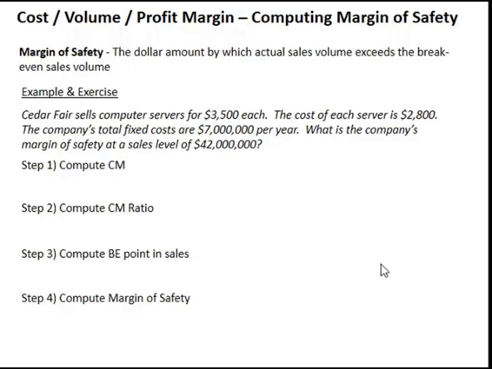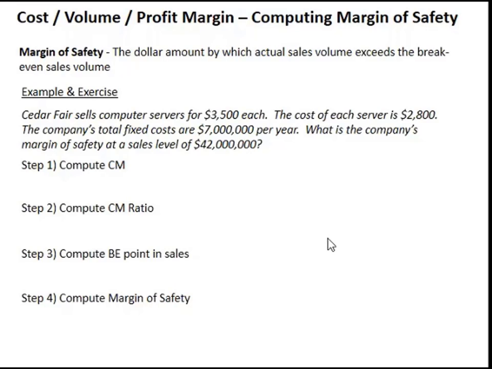Let's say the CEO of Cedar Fair wants to know what the company's margin of safety is if they achieve sales of $42 million a year. In other words, the CEO is really asking how far our sales could drop before we hit the break-even point. I'm going to show this computation to you in 4 steps. You can combine these steps in any way you want. You just have to achieve the same objective.